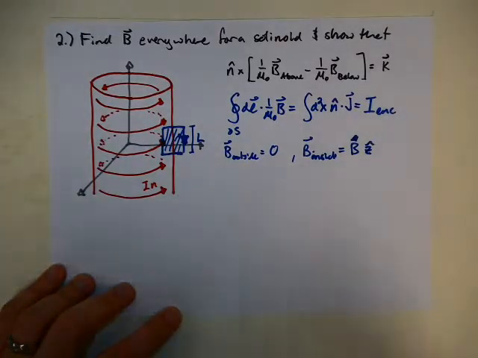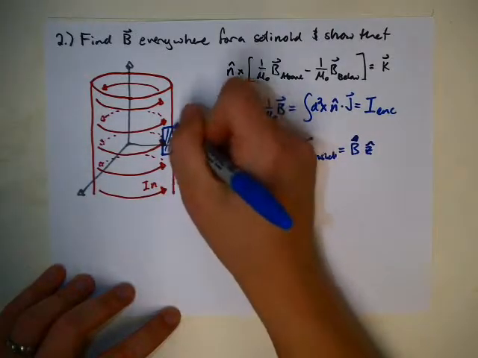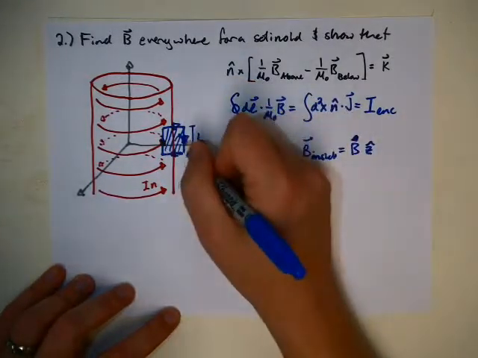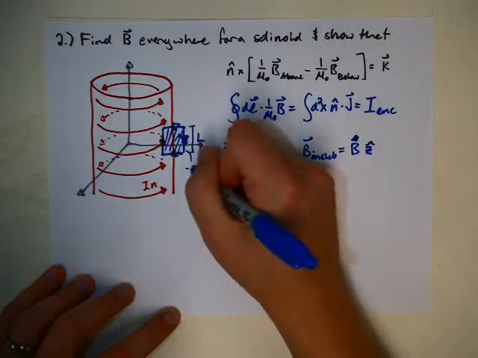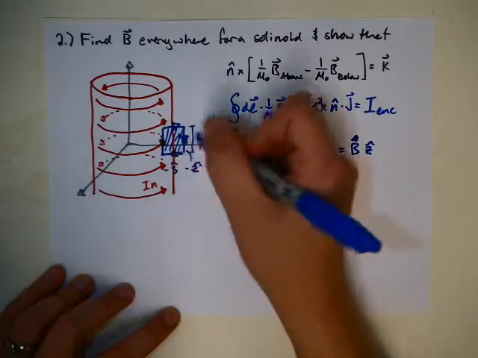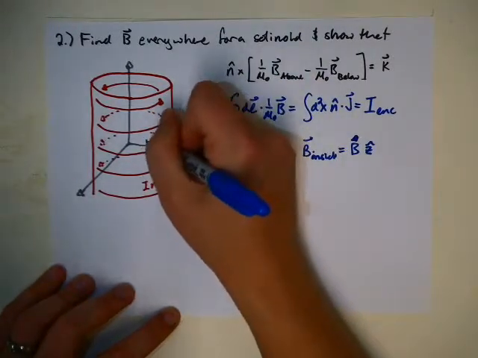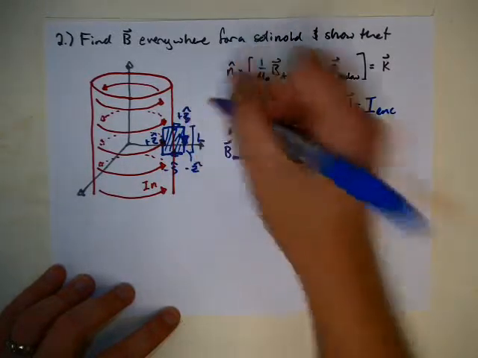And so looking at that, when I look at the path as I go along this loop, this has a path, of course, in the minus z hat direction. This has a path in the minus s hat direction. This one has a path in the positive z hat direction, and this one has a path in the positive s hat direction.